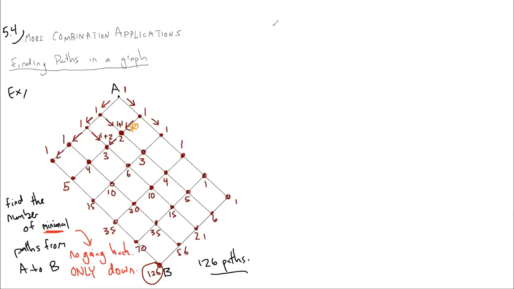What we can actually do is think of this: to get from A to B, basically to do this minimally, I'll add that word here. What we're going to do is go left 4 times and right 5 times.